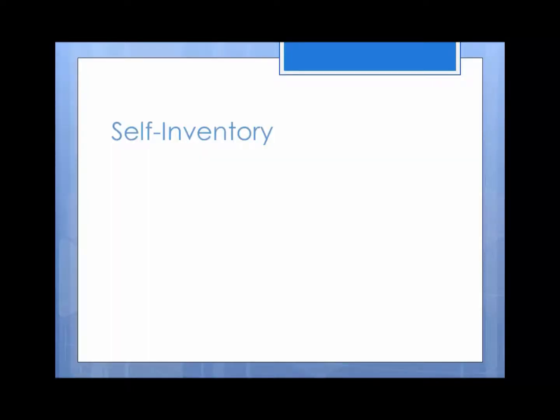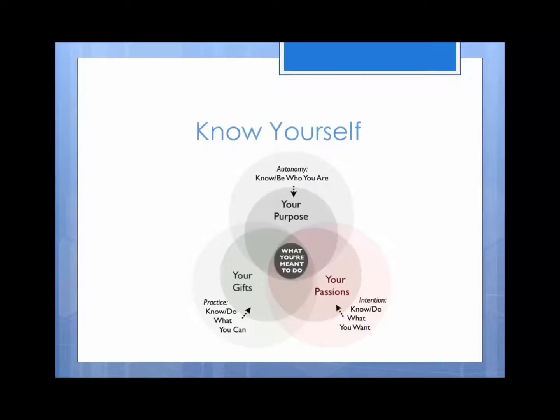One of the ways that I begin that process is by asking that person to do what we call a self-inventory. This is one of the least expensive methods the job seeker can use in order to figure out what it is that they want to do in the marketplace today. With a self-inventory, it is essential for the job seeker to know who they are.